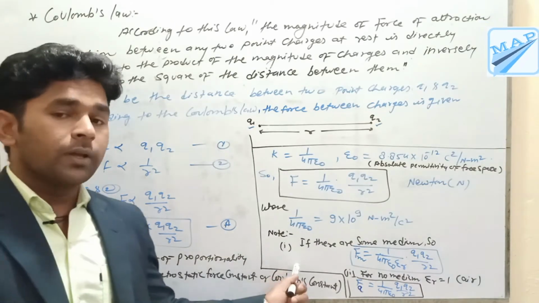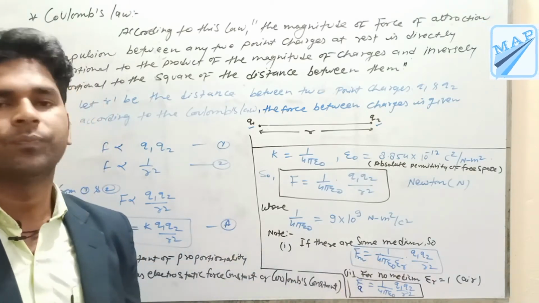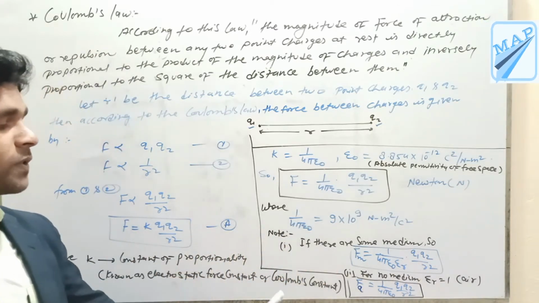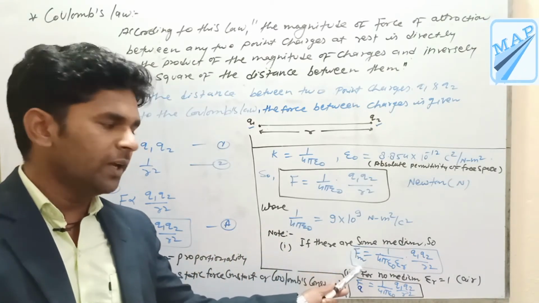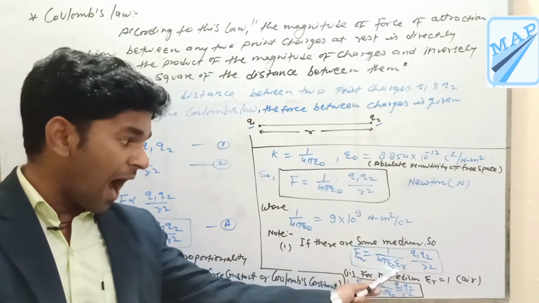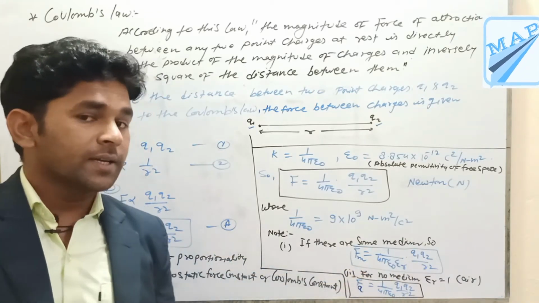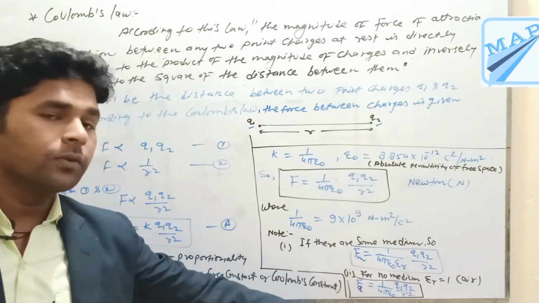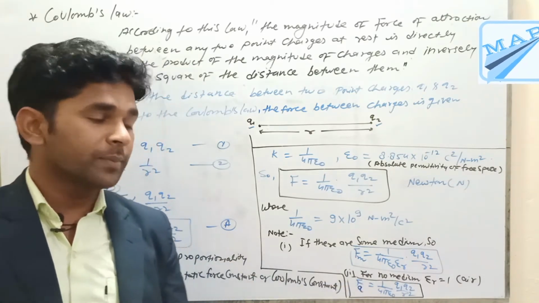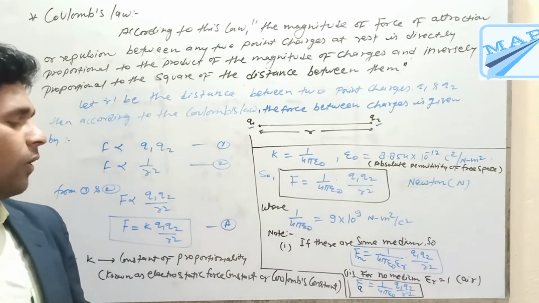Here you have two conditions. First, if there is some medium, then the force in the medium, Fm, is 1 upon 4 pi epsilon naught into epsilon r into Q1 Q2 upon R square, where epsilon r is the permittivity of the medium. The other form is for no medium: epsilon r is equal to 1 for air, or we can say vacuum.